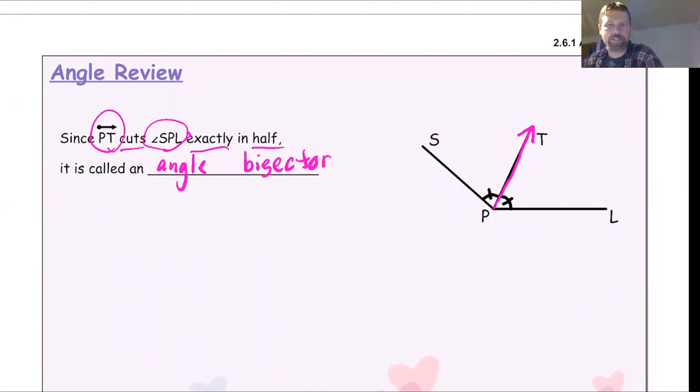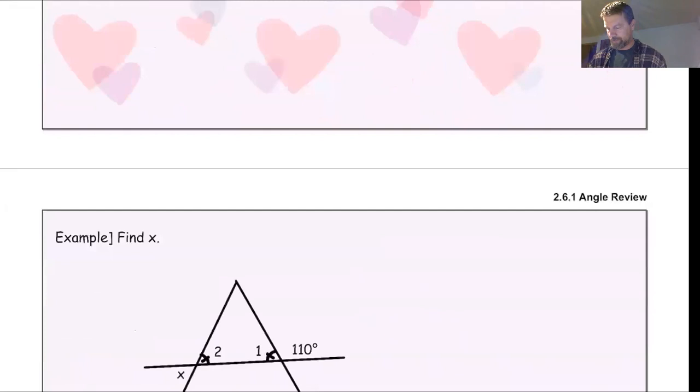There we go, angle bisector. Bi means 2, sect means cut, so an angle bisector cuts an angle exactly in half. So that ray cut that angle exactly in half. All right, 2 quick examples, and then your video lesson is done.